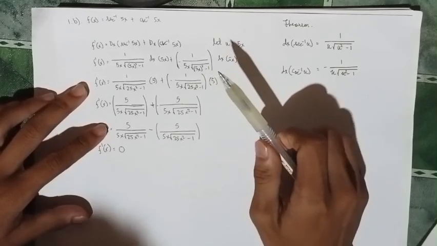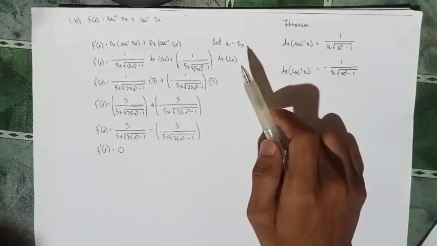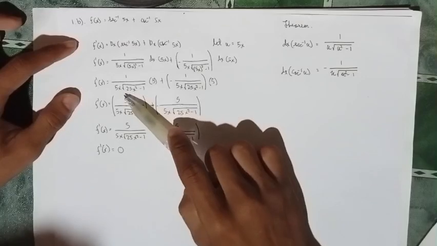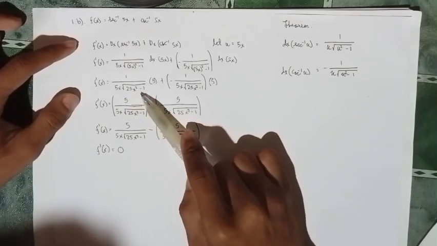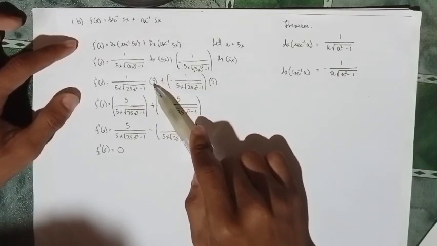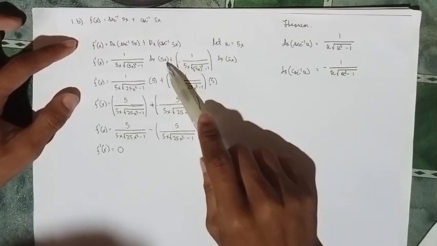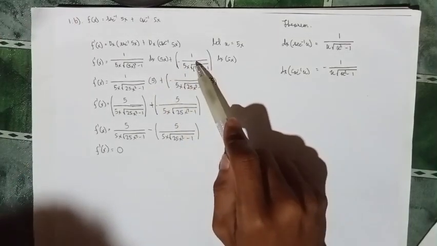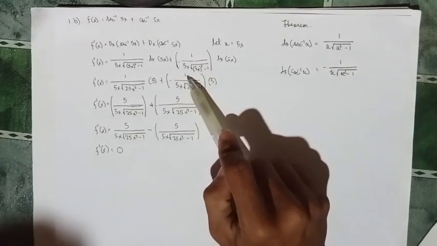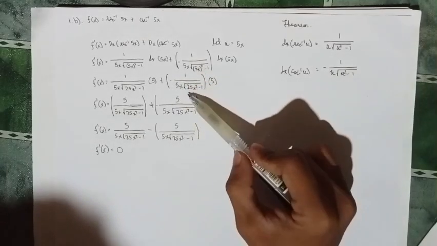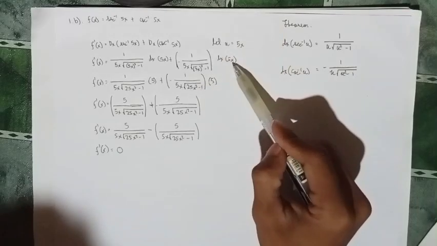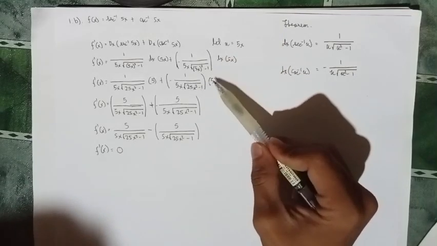Then after that, we just perform the operation. So 1 all over 5x square root of 25x squared minus 1 multiplied by 5, since the derivative of 5x is 5, plus negative 1 all over 5x square root of 25x squared minus 1, then the derivative of 5x, which is 5.